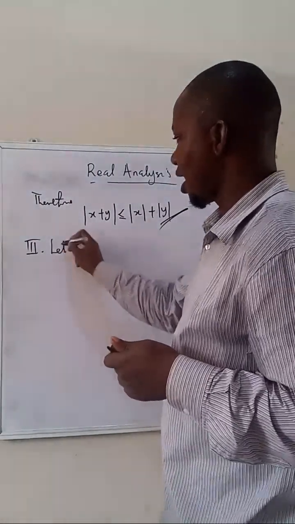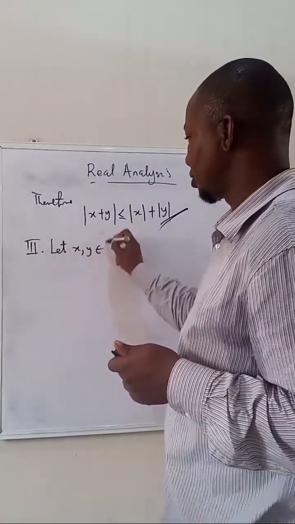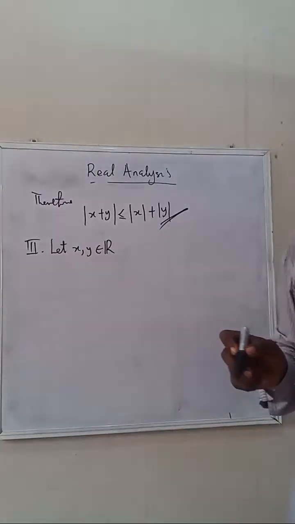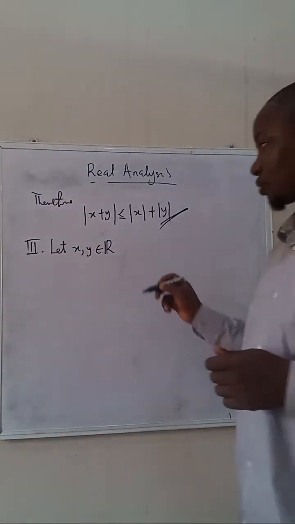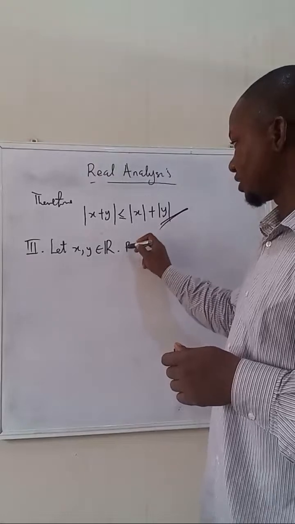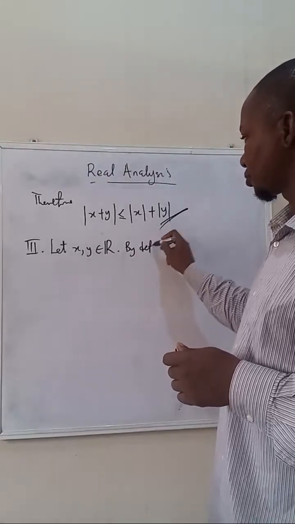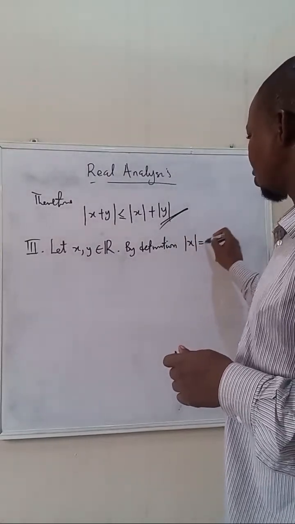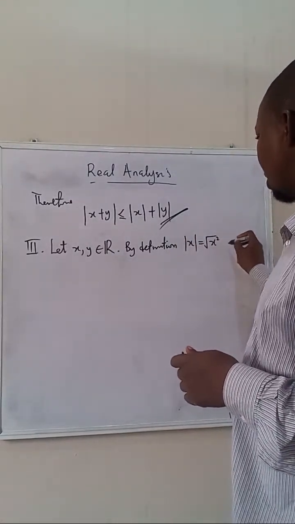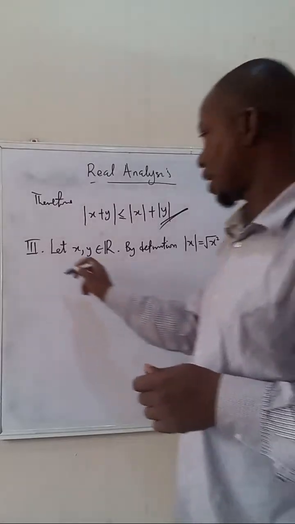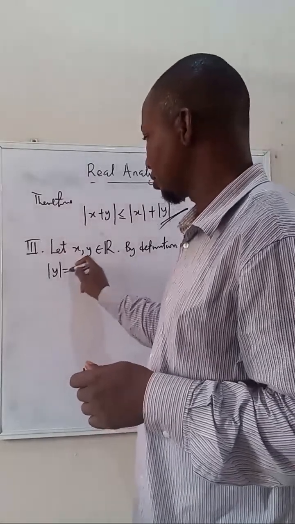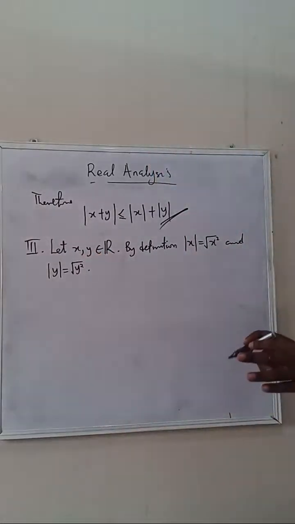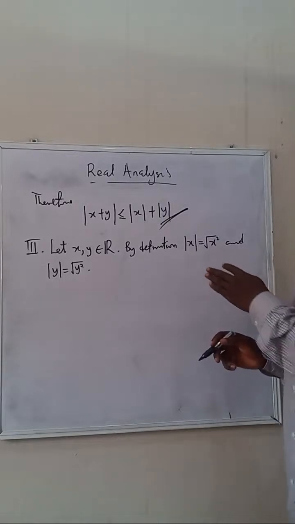Let x, y be elements in R. So by definition, the absolute value of x is equal to the square root of x squared, and the absolute value of y is equal to the square root of y squared.